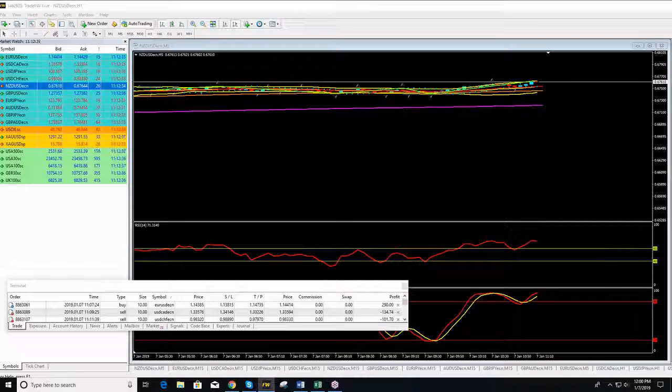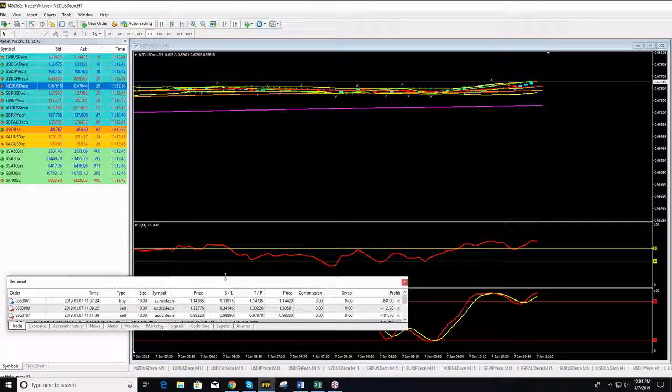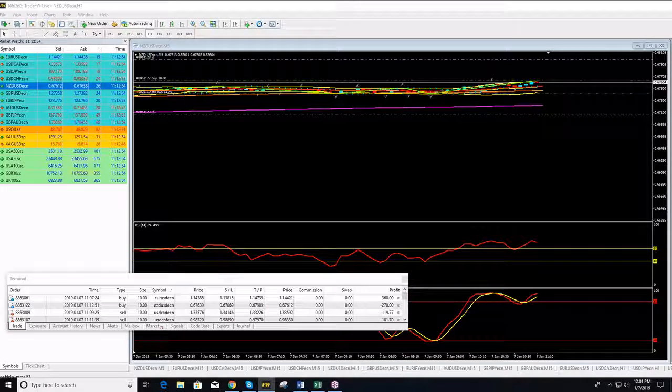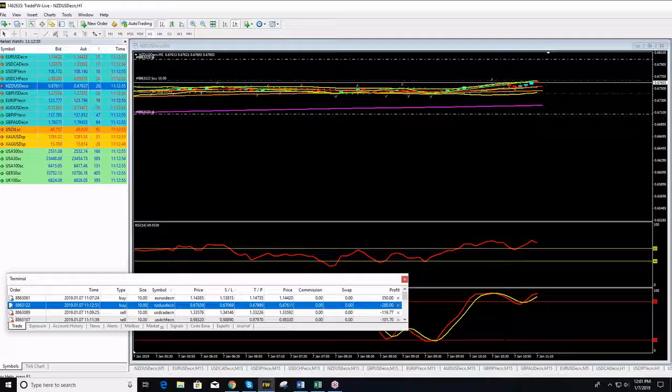Long position on the Kiwi, guys, using the hedging system. There we go. We have just entered the long position on the Kiwi. Long on the Kiwi.